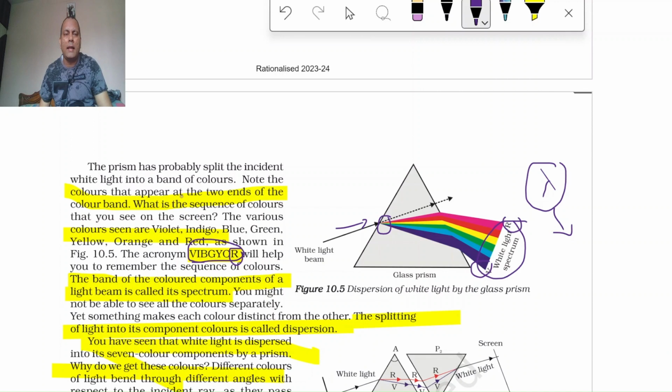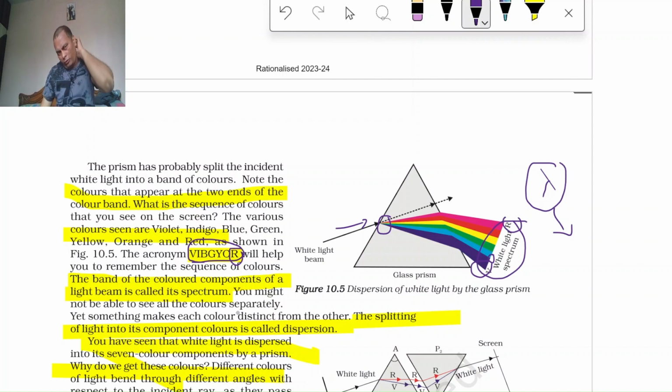Note the sequence of colors that you see on the screen: violet, indigo, blue, green, yellow, orange and red.